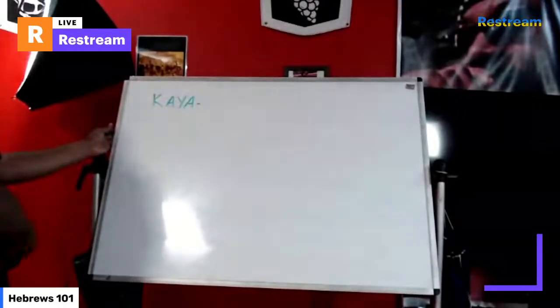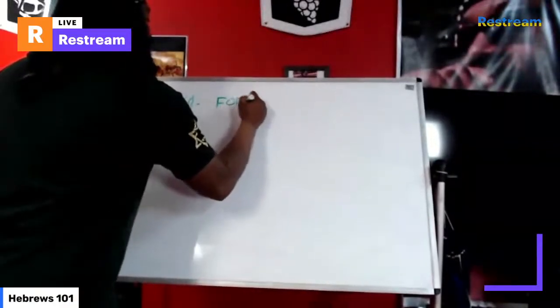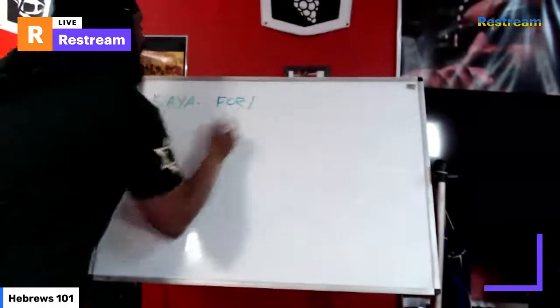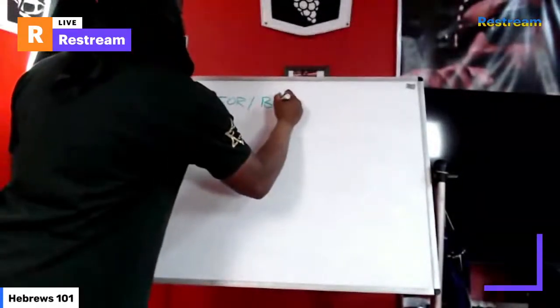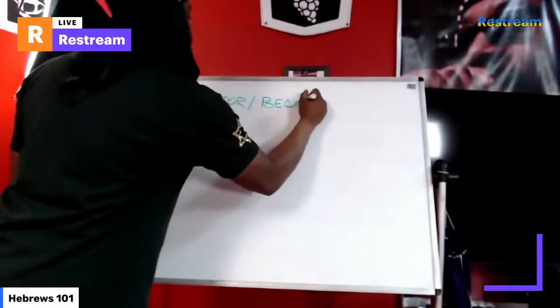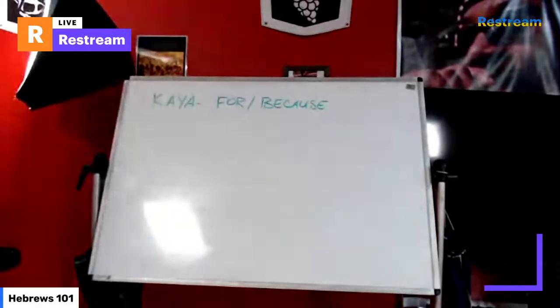Let's go back just real quick. We wrote down kaya, and we said kaya is for. Now also, kaya is because. Write that down as well and put that in your notes. Kaya is for and because.